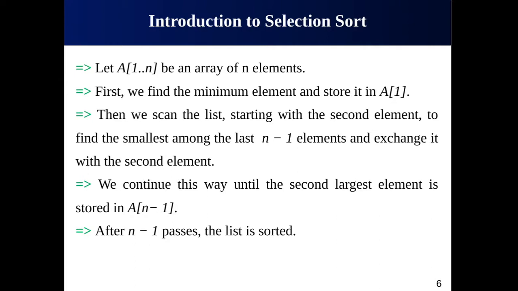So the selection sort algorithm works as we saw: first we start by scanning the entire list to find the smallest value, and once we find the smallest value, we have to exchange it with the element at the first location.